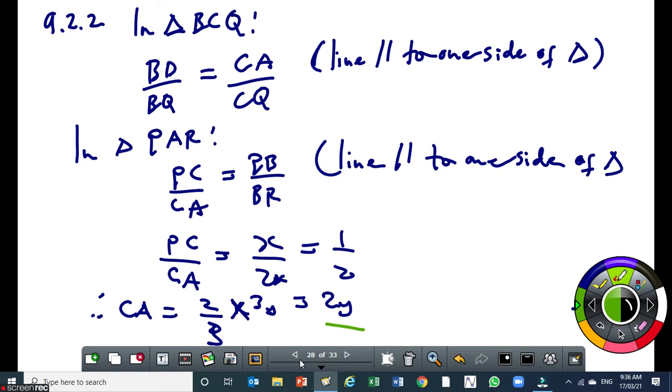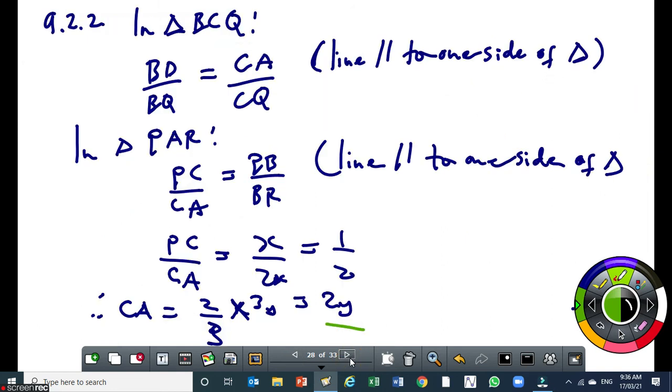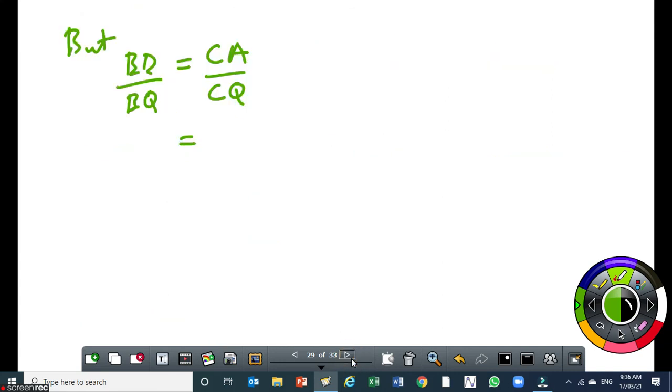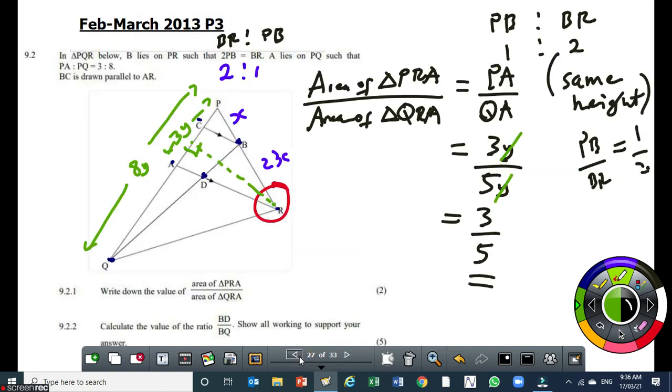Alright. So once we are here, CA, if you go back to CA, this is C, that's A. It's equal to 2y, right? And then my CQ, if you go back, CQ is from here to there. It will be 2y plus 5y.